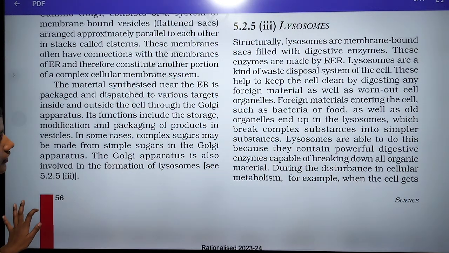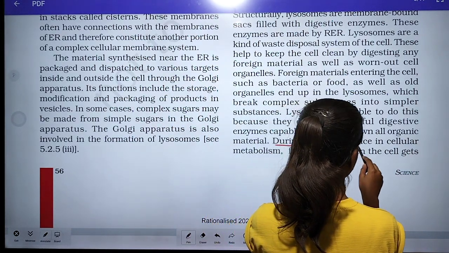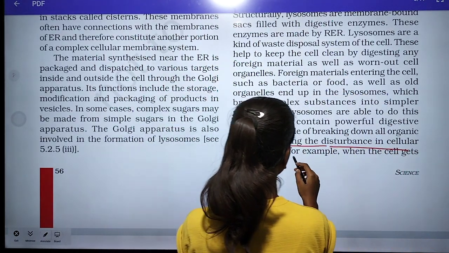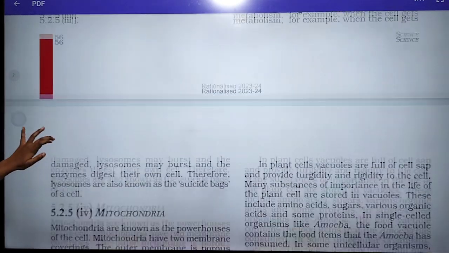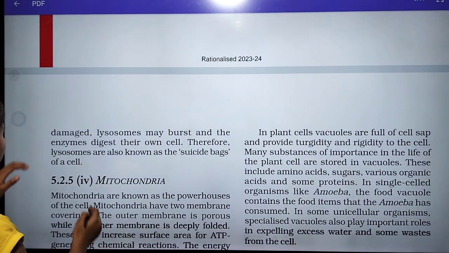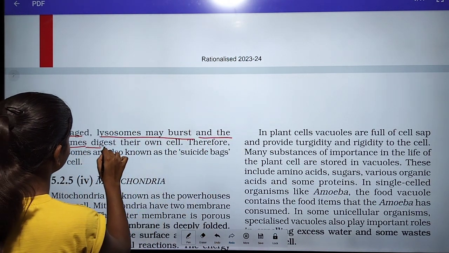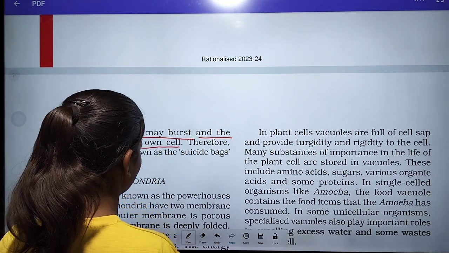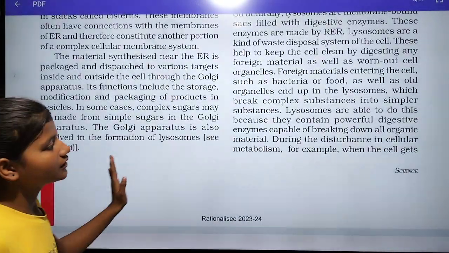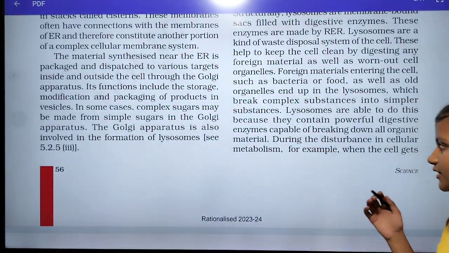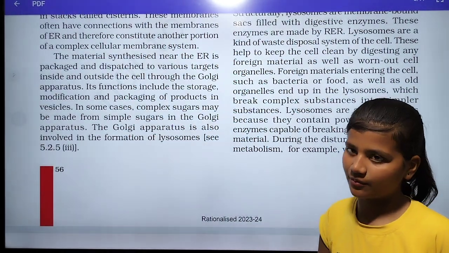During disturbance in the cellular metabolism, for example, when the cell gets damaged, lysosomes may burst and the enzymes digest their own cell.